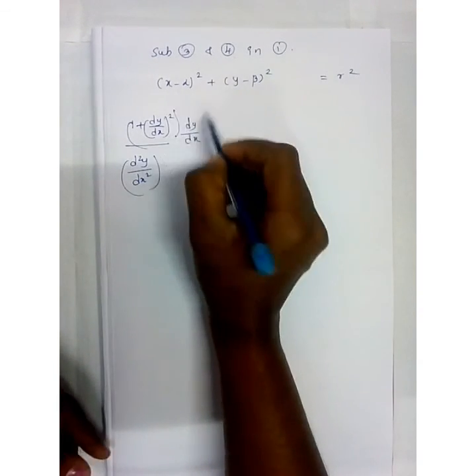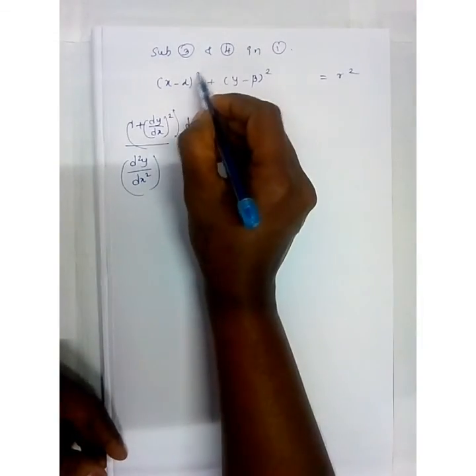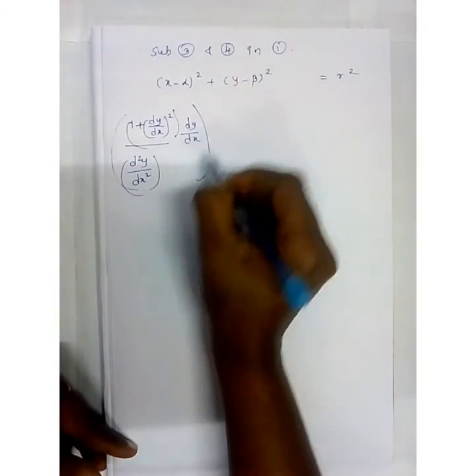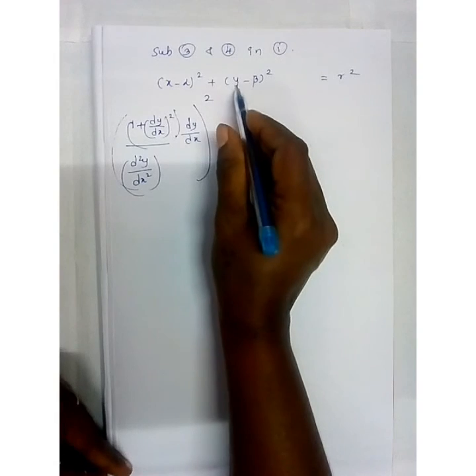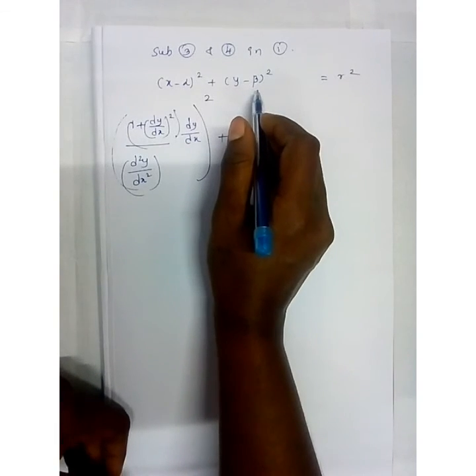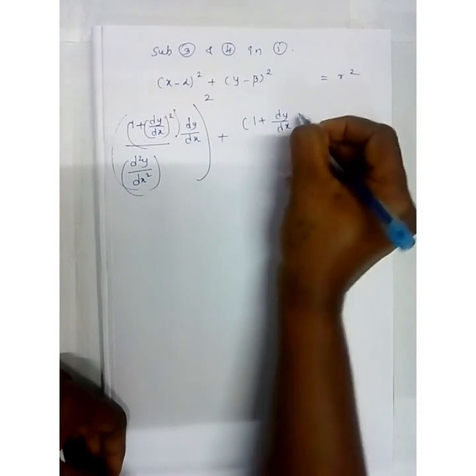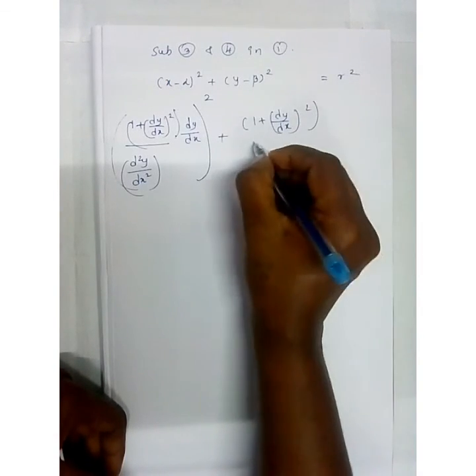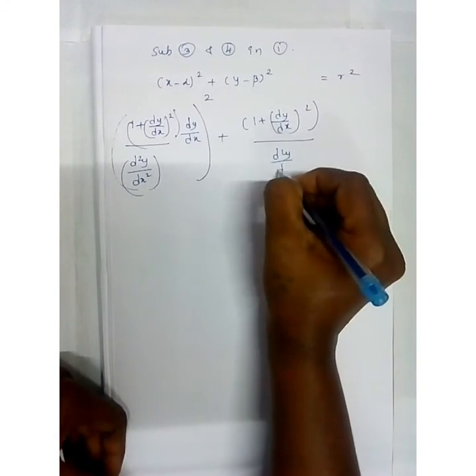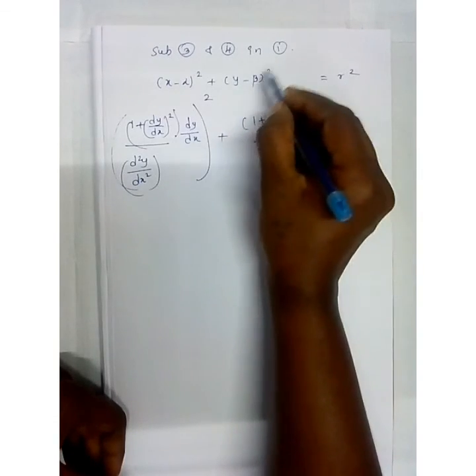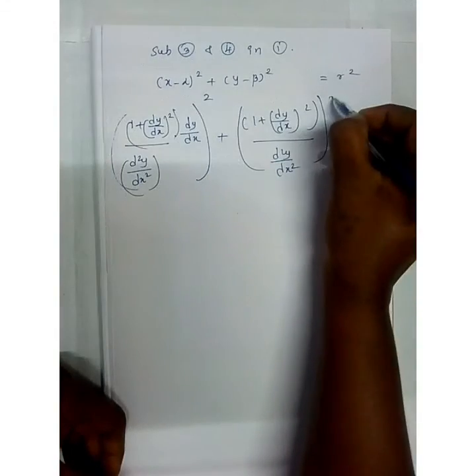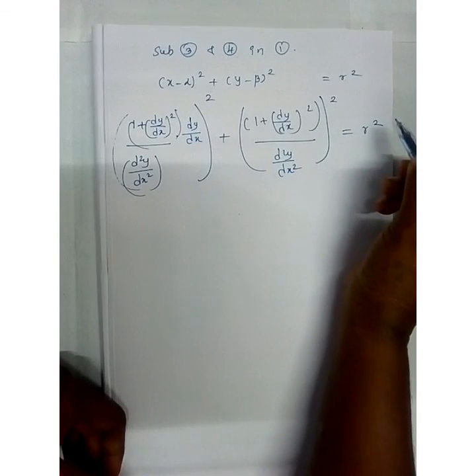And this is the x minus alpha value, and it is given as whole square, so it is whole square, plus similarly y minus beta, so that is 1 plus (dy by dx) whole square divided by d²y by dx², and this value is also whole square, equal to r square.